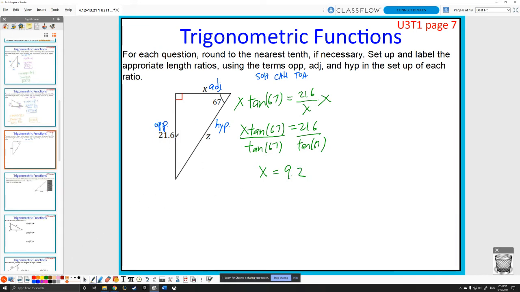Now let's solve for z. Again, let's not use what we solved for, but rather what's given. So opposite hypotenuse is sine. Sine of 67 is equal to 21.6 over z. Again, multiply by z to get it in the numerator.